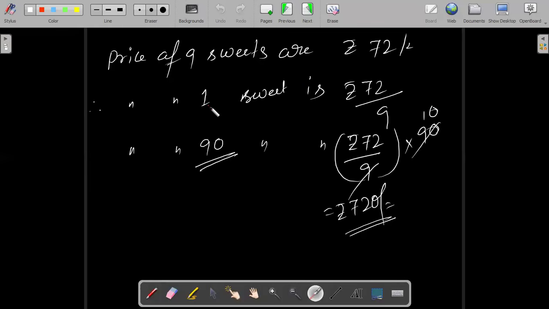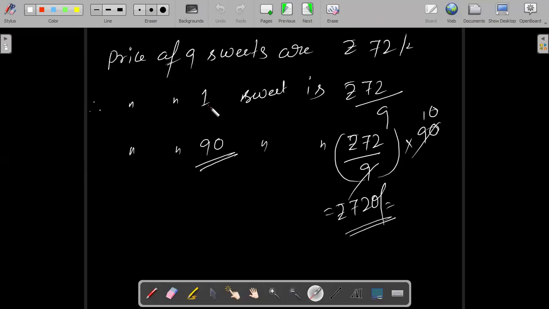We have already discussed that the number of sweets and the price paid for those sweets are in direct proportion. If you increase the number of sweets, the total price to be paid has to increase. And if you decrease the number of sweets, then obviously the price to be paid for those sweets needs to decrease.